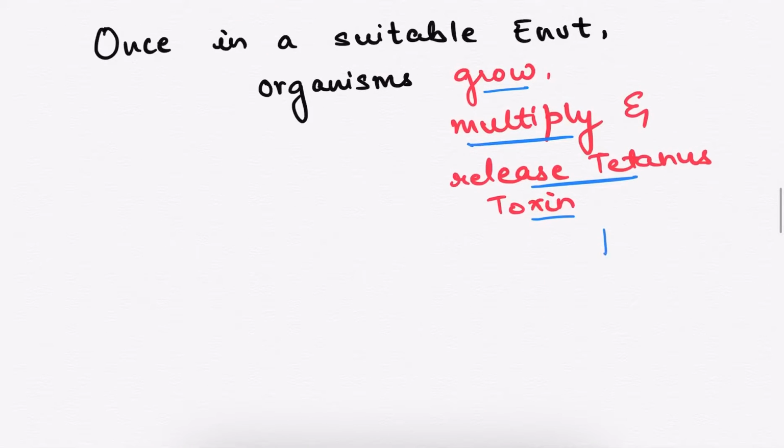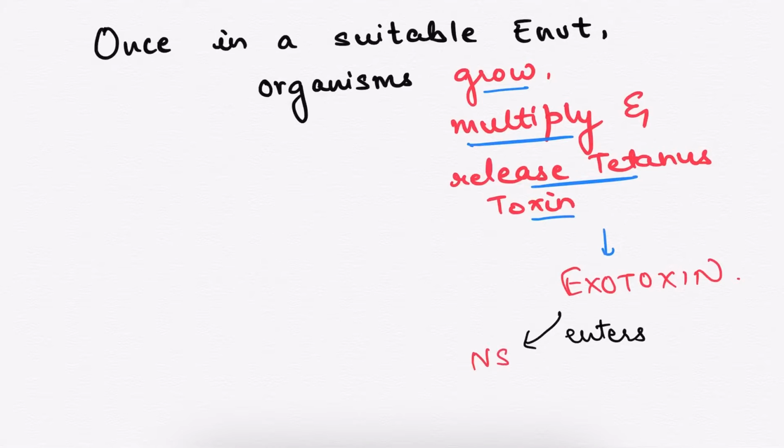This is the exotoxin which they produce. This exotoxin enters the nervous system and causes the disease.